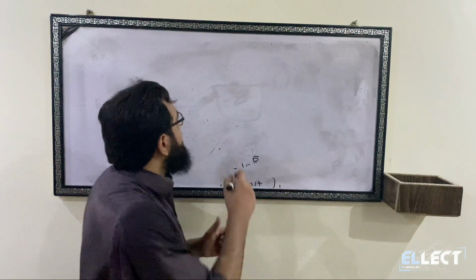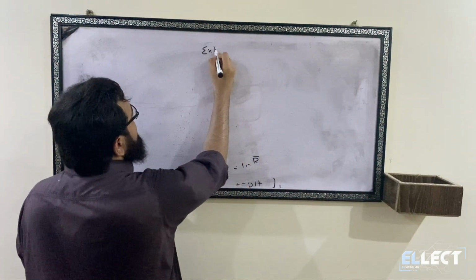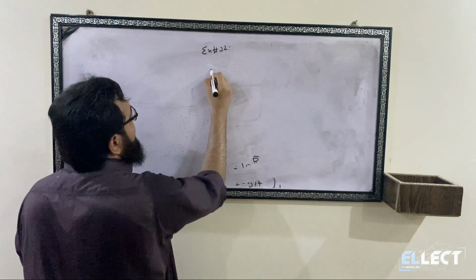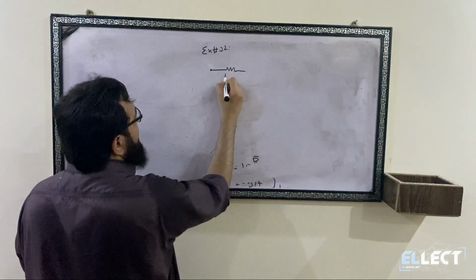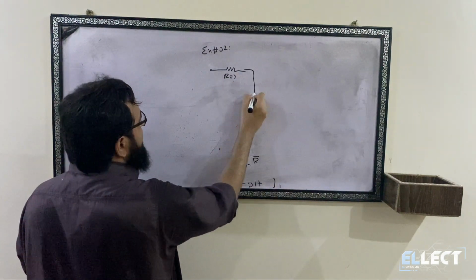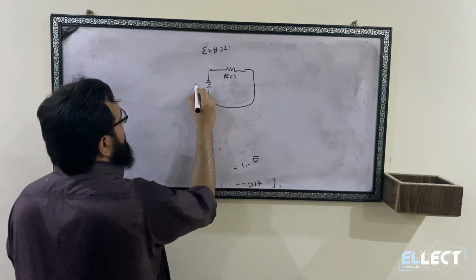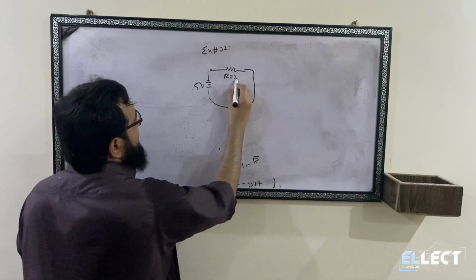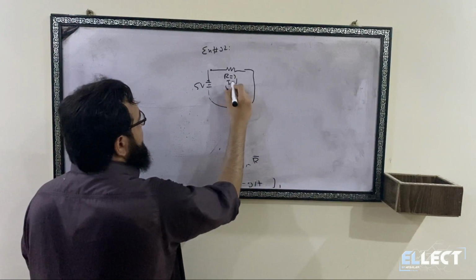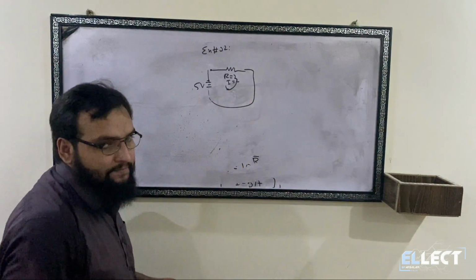Now the second example on Ohm's law may be defined as a circuit in which an unknown resistor is connected across a voltage supply of 5 volts and the current flowing through the circuit is equal to 2 ampere.